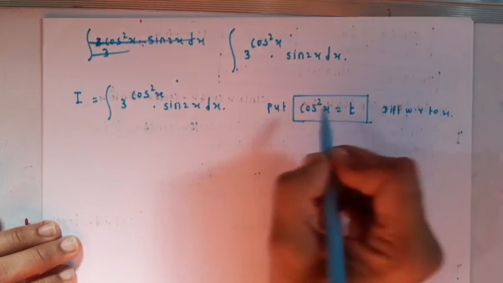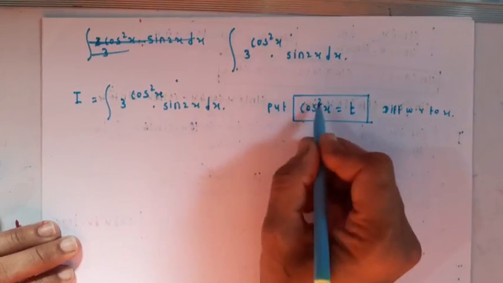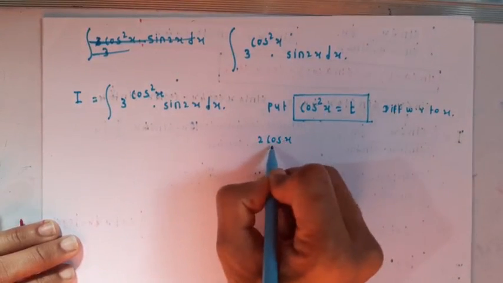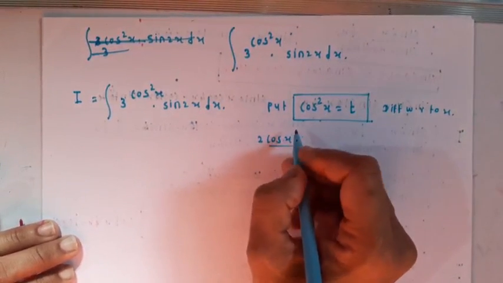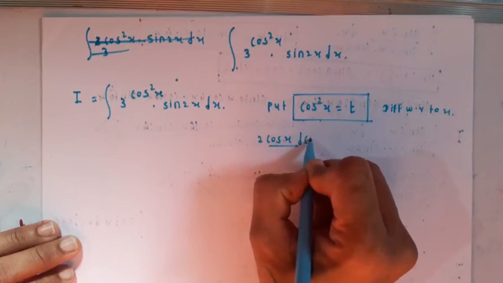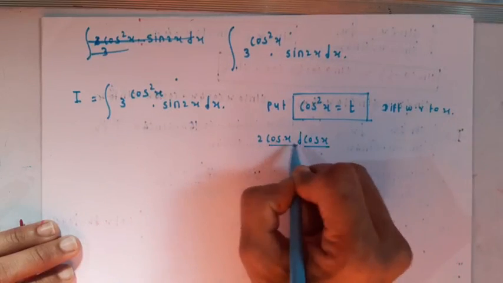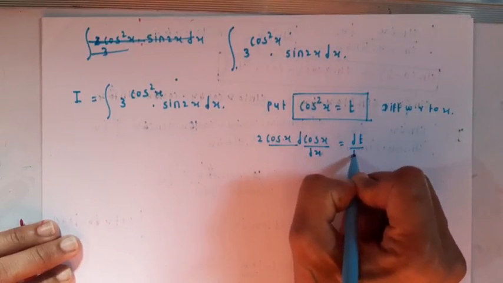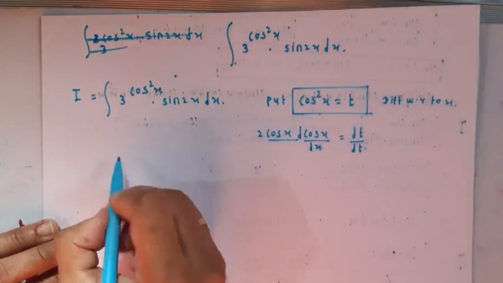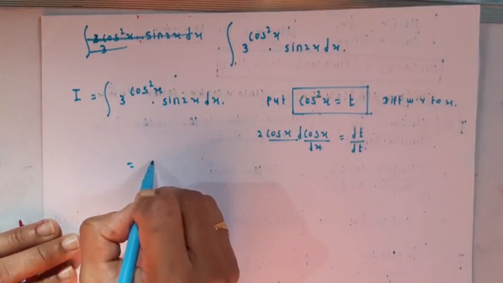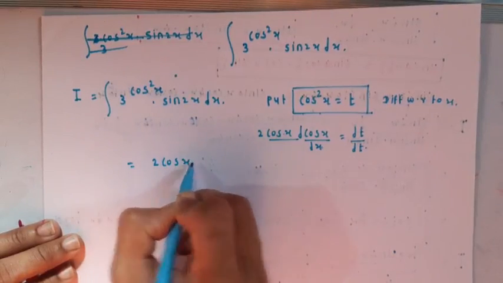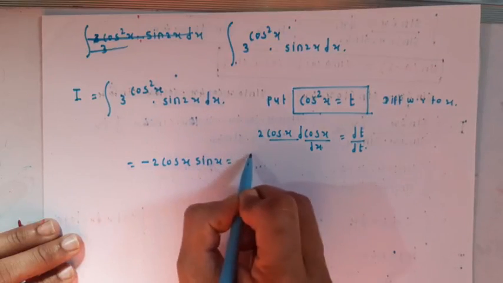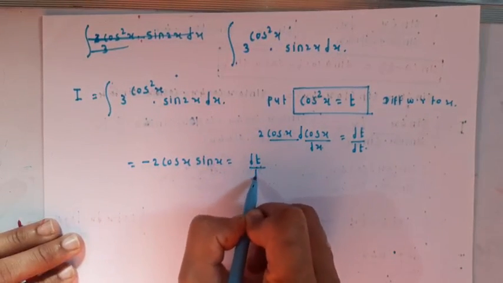We will get differentiation of cos square x according to the power, that is 2 cos x, and this cos x is again a differentiable function, so its differentiation is minus sin x, equal to dt by dx.